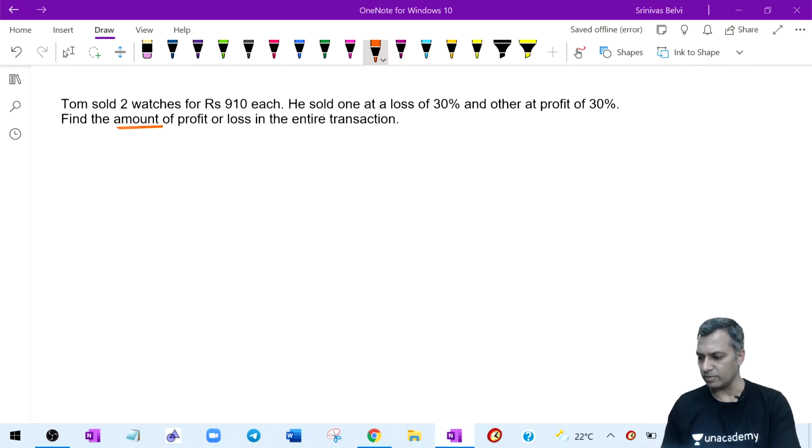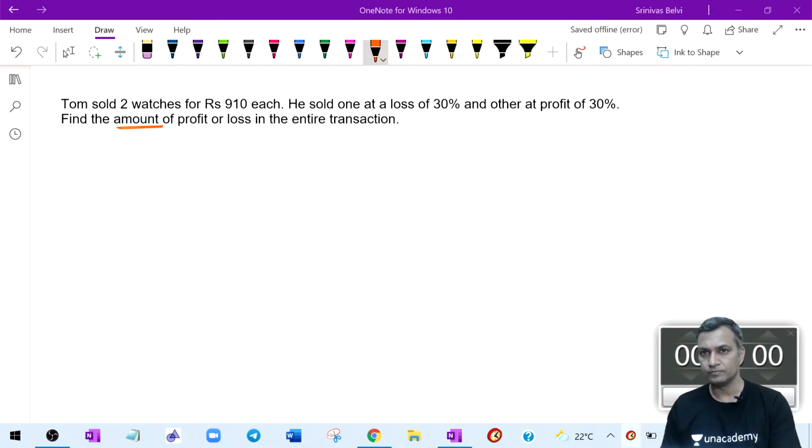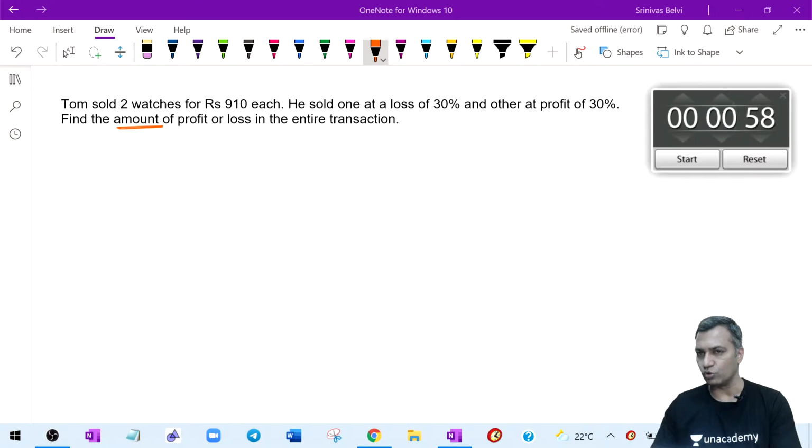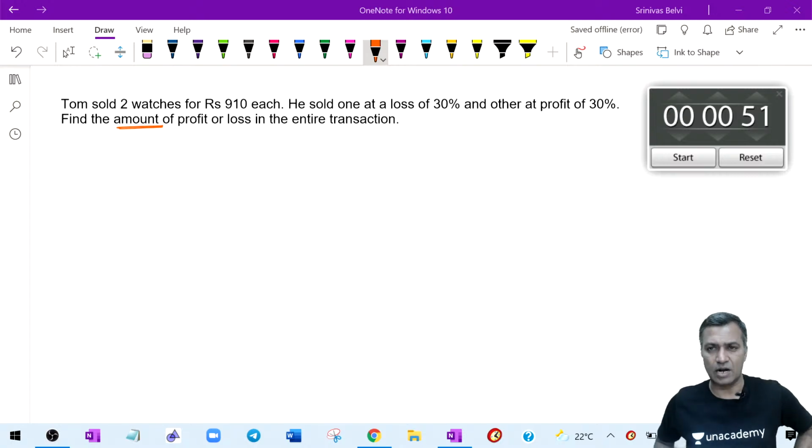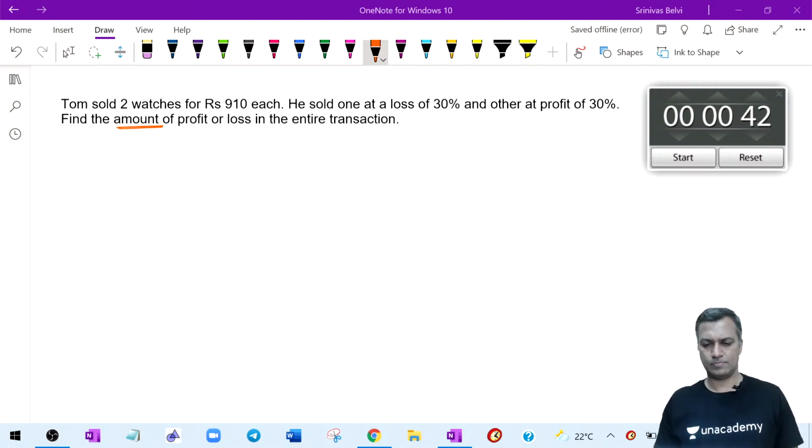It's been 1 minute. 1 minute is a good time to do this question. Okay, I will extend another minute. Those who are saying 9% are wrong. Give me some other answer. It's asking for the amount. Why are you talking about percentage? Please understand the question carefully. The question is asking something, you are saying something else. Amount means in rupees. Tell me the rupees.